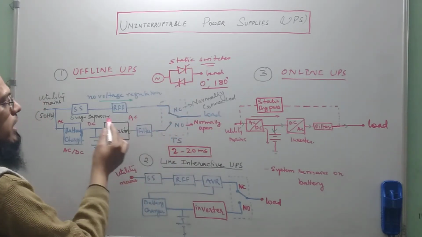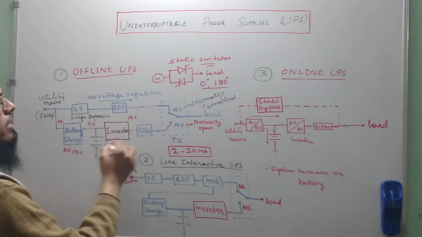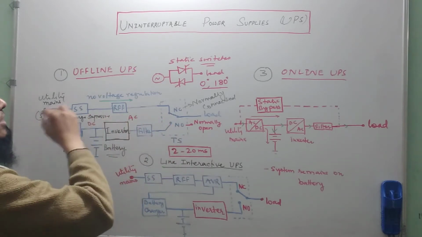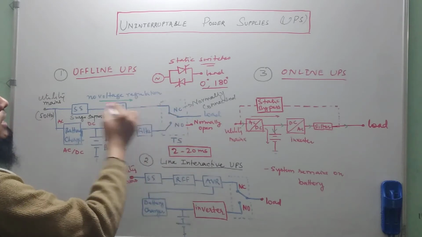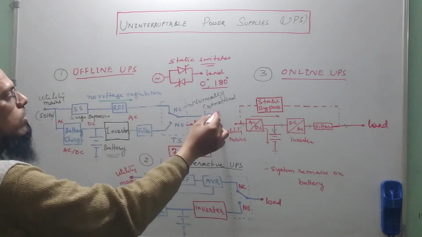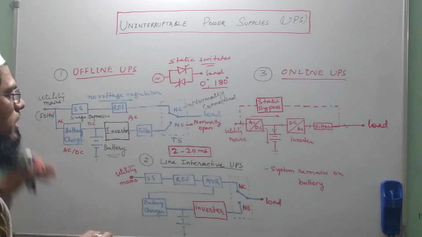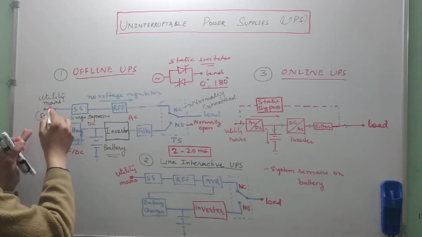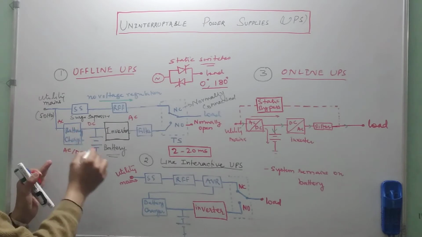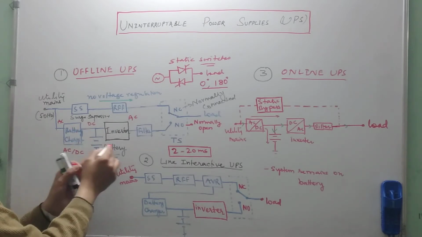So this normally is not in the circuit. This circuit behaves when the upper line conducts and the load gets supply from the mains, and at the same time the battery is connected to the utility mains by way of this charger, and it gets fully charged.